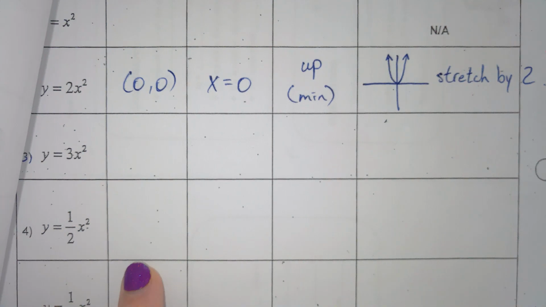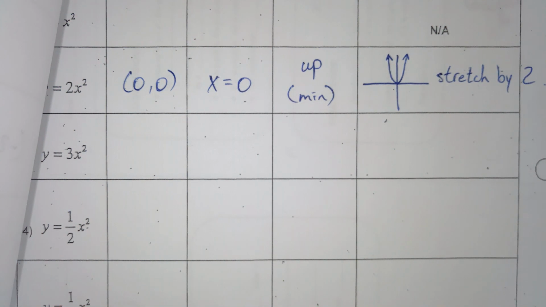I'll do 1 over 4 so that you guys can see it more dramatically. When I say fraction, though, it's between 0 and 1, so between -1 and 1. So if it's a fraction like this, then it's wider, it's fatter.